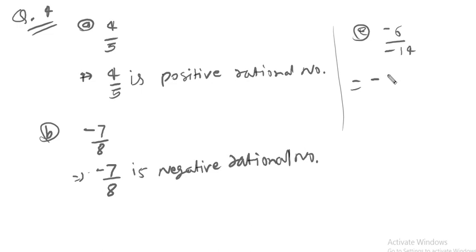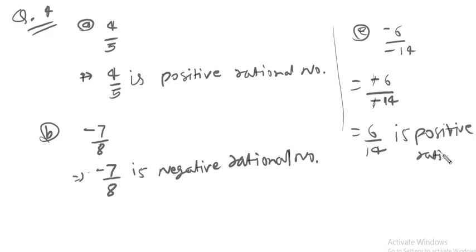Here the minus will be cancelled out, so it will become positive. So 6 upon 14 will be remaining, so you can write 6 upon 14 is a positive rational number. Like this you have to write about C, D and F. Just write down whether it is positive or negative.